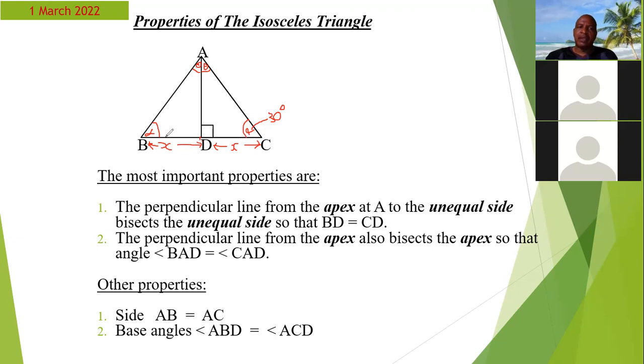All right. So we know in terms of all triangles, the sum of all the internal angles of a triangle, when you add them together, you should get 180.